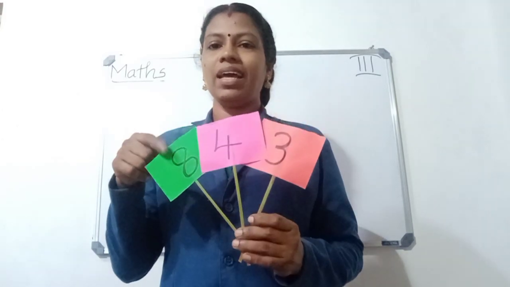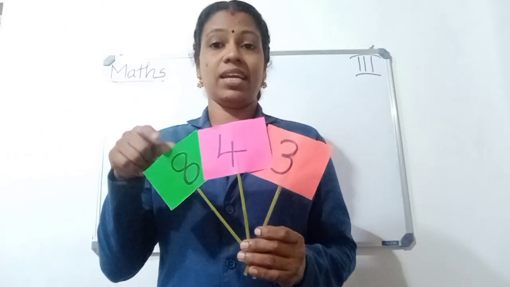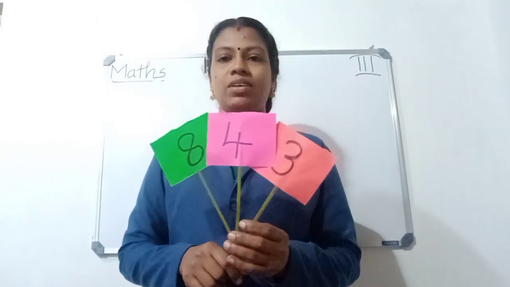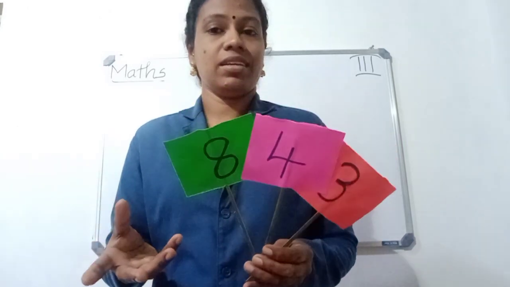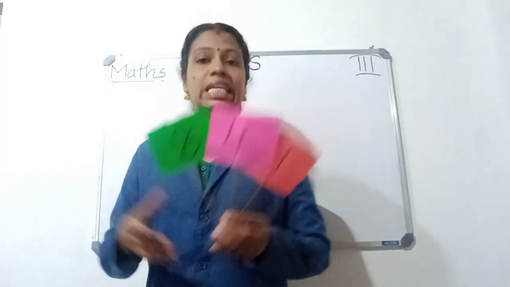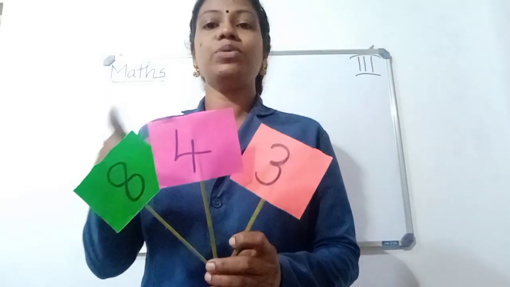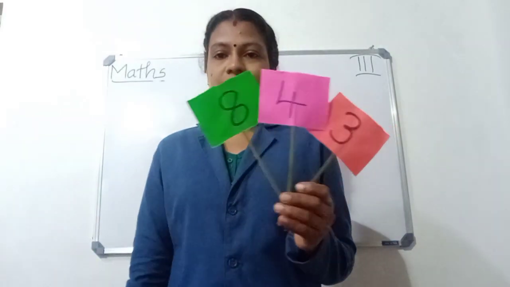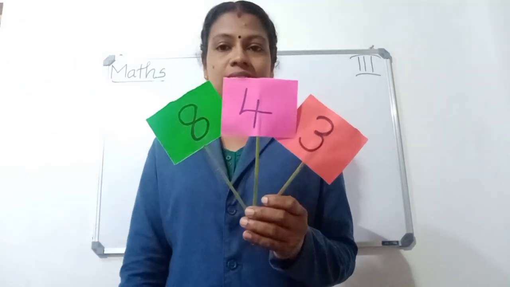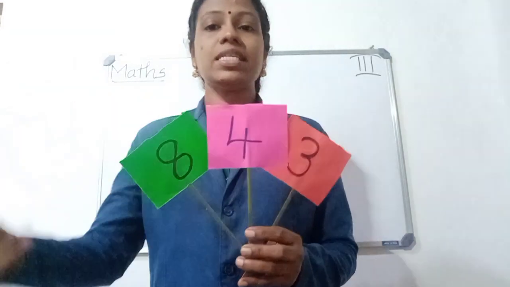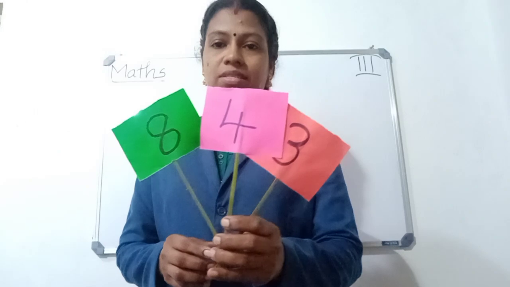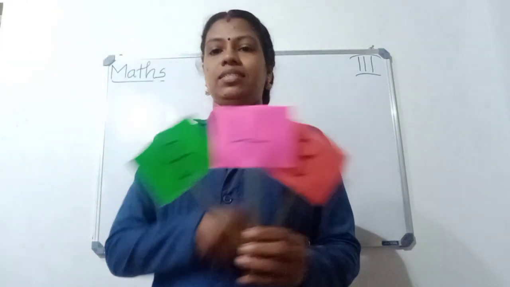Starting with 8, 843. So we can write 6 different numbers using these 3 digits.